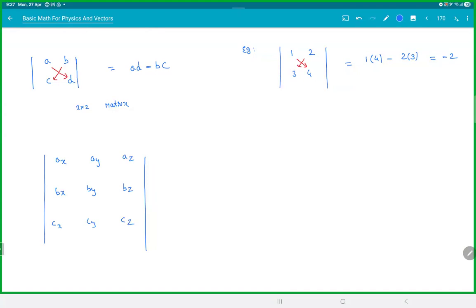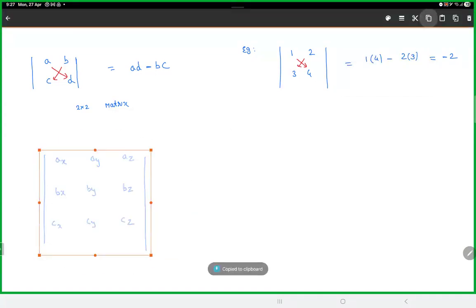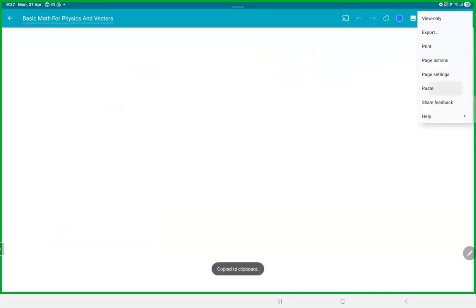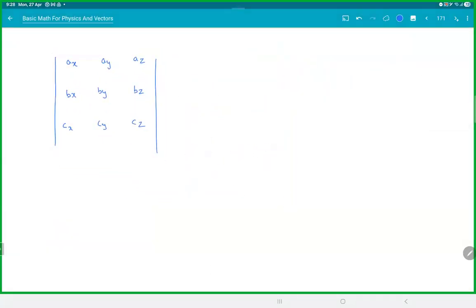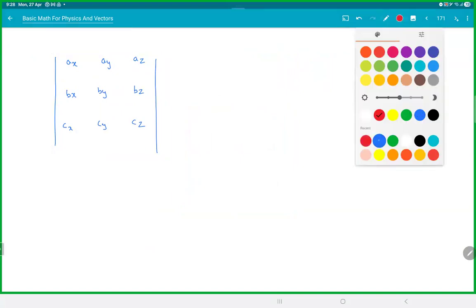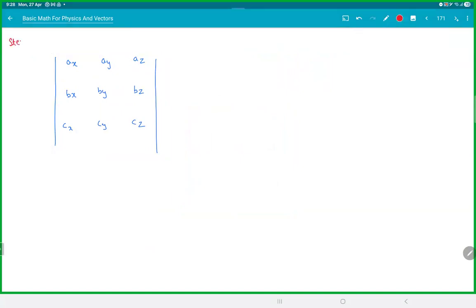So the first thing that we do, step one, put a plus, put a minus, put a plus. We have to alternate the signs. Step two, after putting plus, minus, plus, choose the first term.